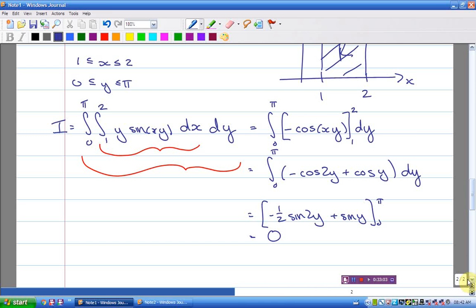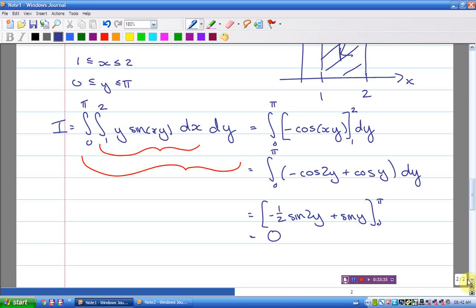A question over there? What happened to the y? The y that's sitting in front. I recognize that y as being a byproduct, in a sense, of chain rule when I differentiate it. I've got an xy inside the sine, and I've got a y outside, and I've done enough chain rule to know that I end up with that sort of pattern when I've carried out chain rule on something that looks like sine xy.